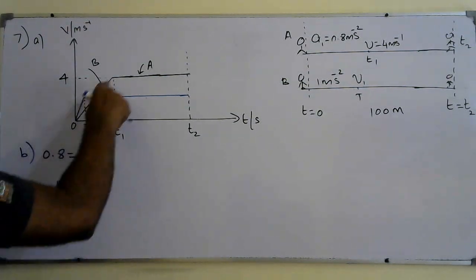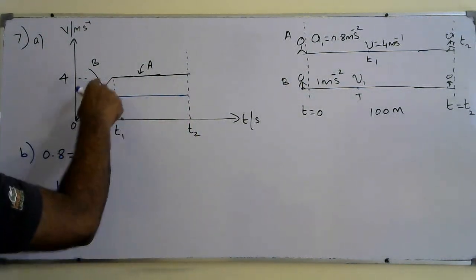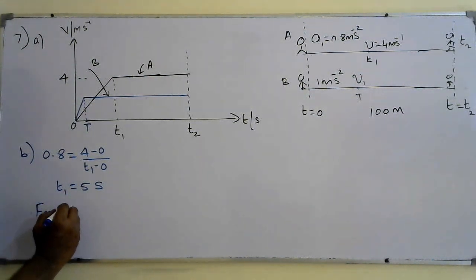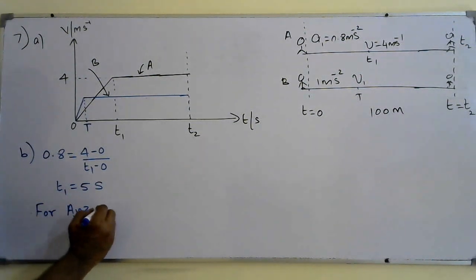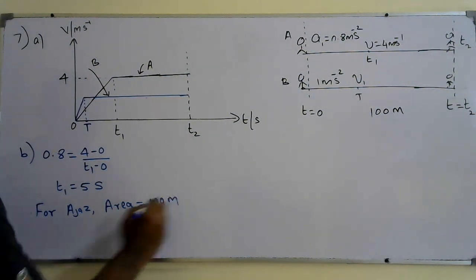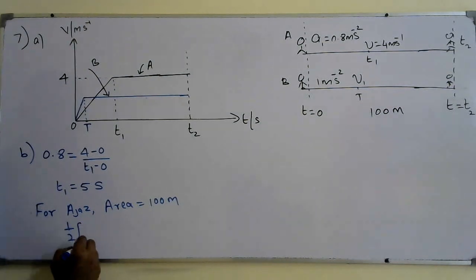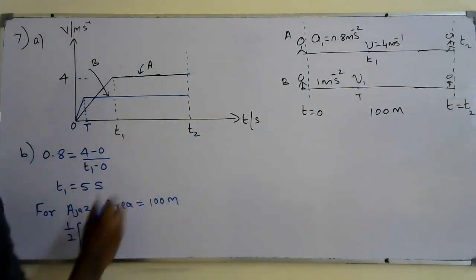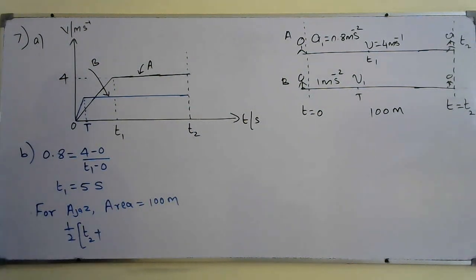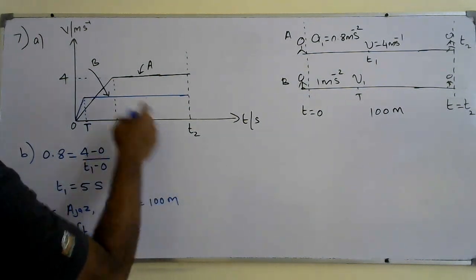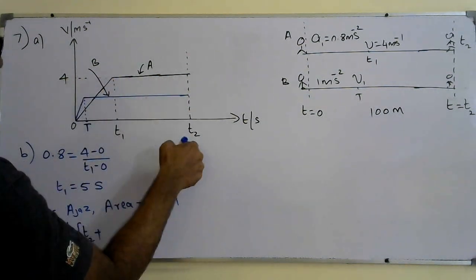Okay, so find the area of this trapezium for Ajaz, which equals 100 meters. That is half into the addition of the parallel sides: this length 0 to t2, which is what I need to find, and this length is t2 minus t1.